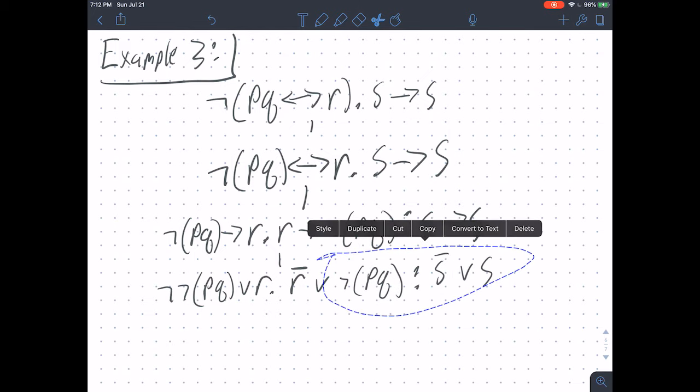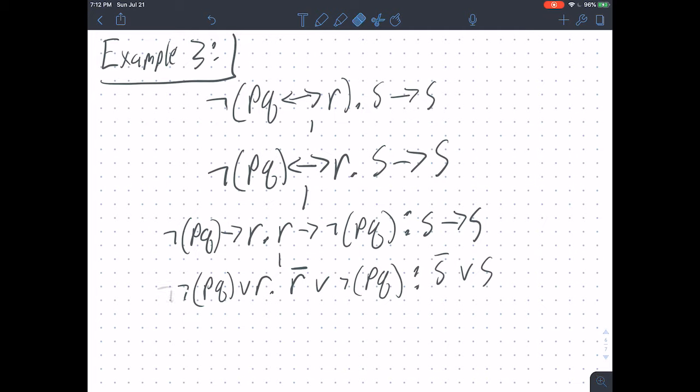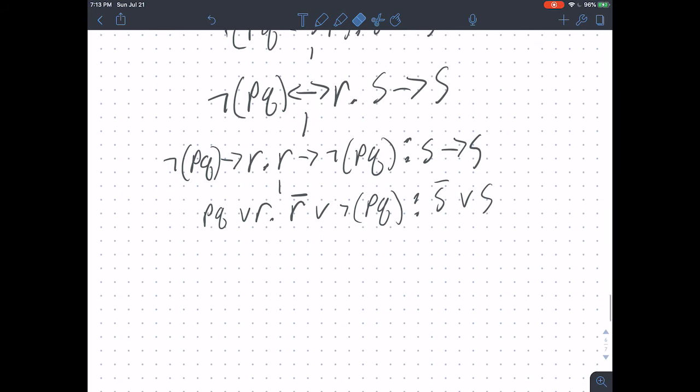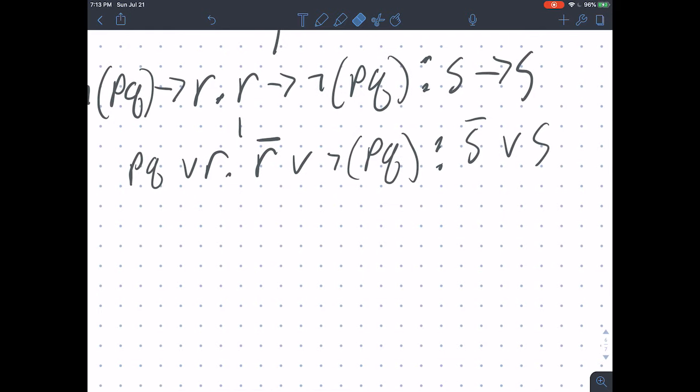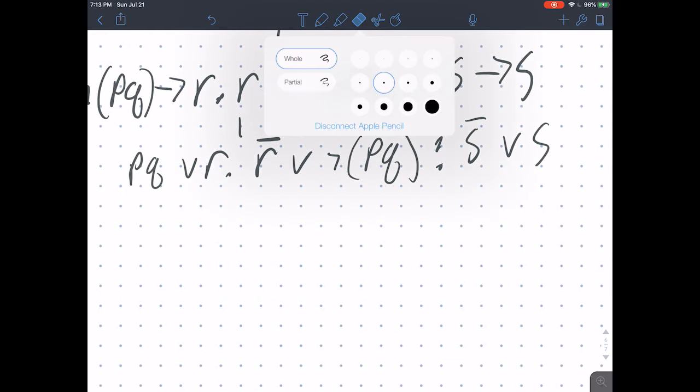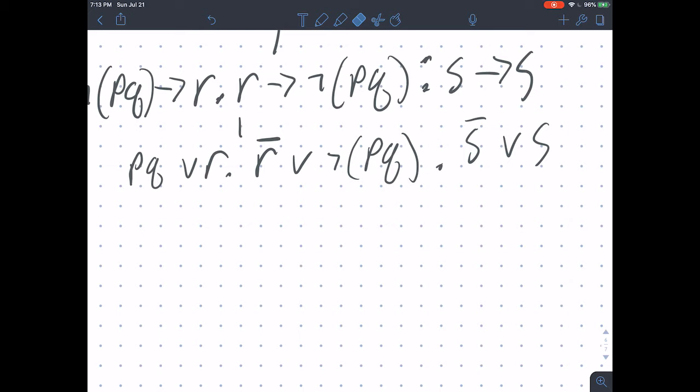Okay, so let's get rid of our double negations, right? Okay, so let's look at what we've got here. So again, and again here actually, yeah, I see why we don't need that dot anymore. Okay, so what do we do here?